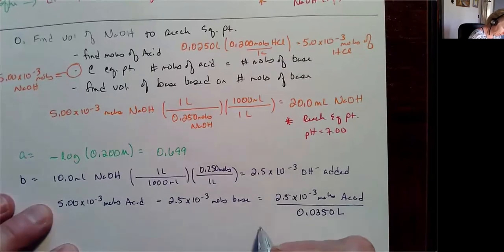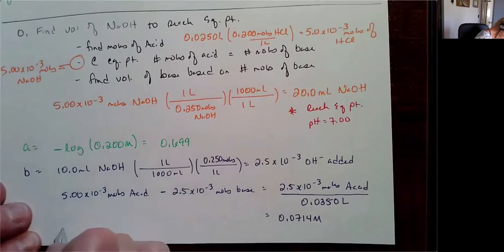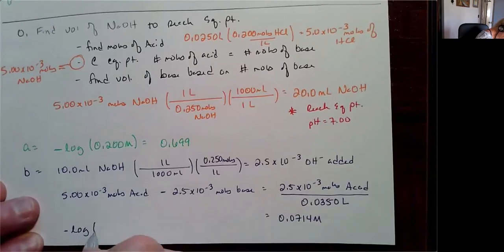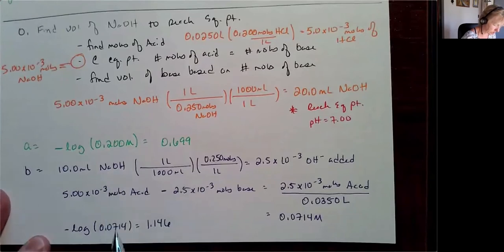And then that's going to give me my new concentration of acid. To calculate the pH of that, I'm just going to take the negative log of it. So my pH has gone up, which I would expect because I have less concentration of my acid, but I still have an excess of my acid in there. I haven't reacted it all, so it's still going to be a relatively low pH.